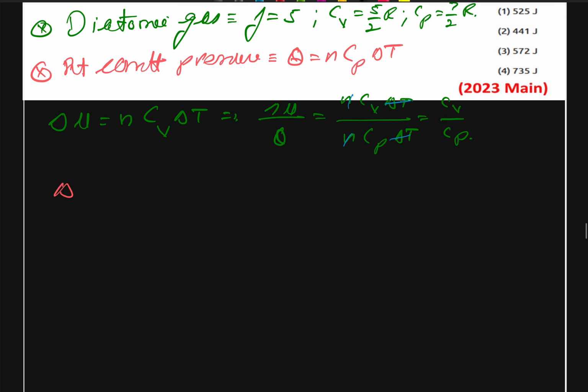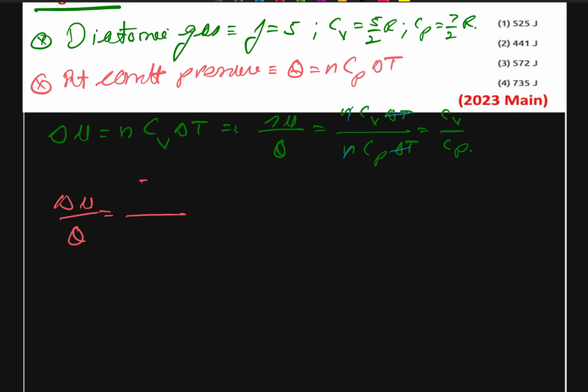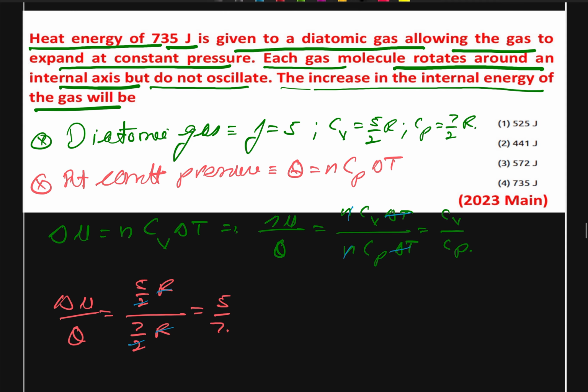Therefore, we get delta U upon Q is equal to C_V, which is 5/2 times R, over C_P, which is 7/2 times R. 2 and R cancel out, so this comes as 5 upon 7. And the heat given to us is 735.